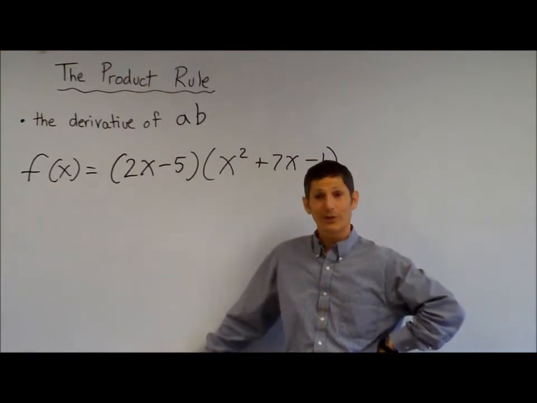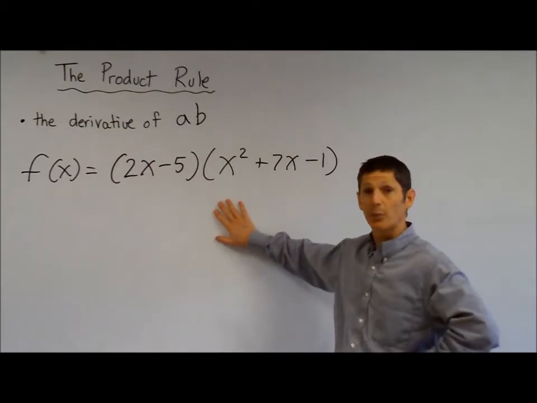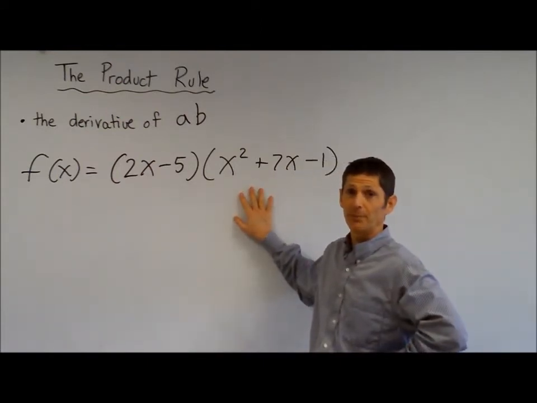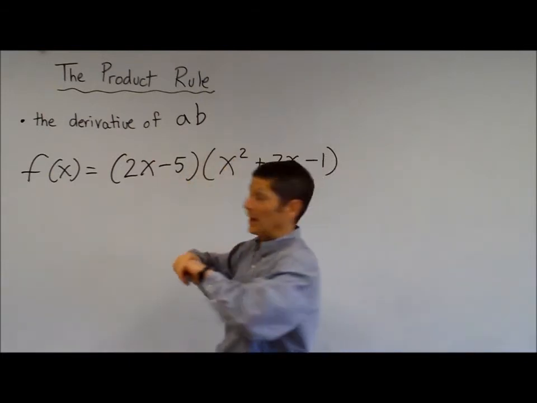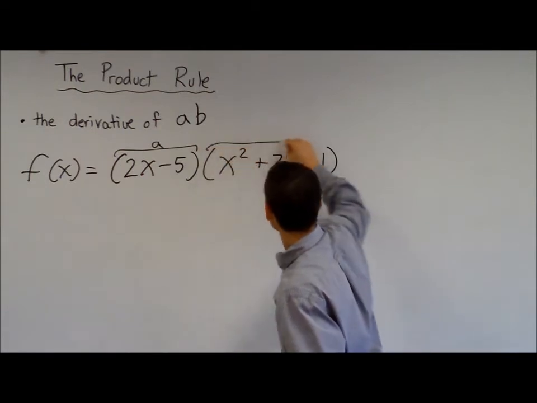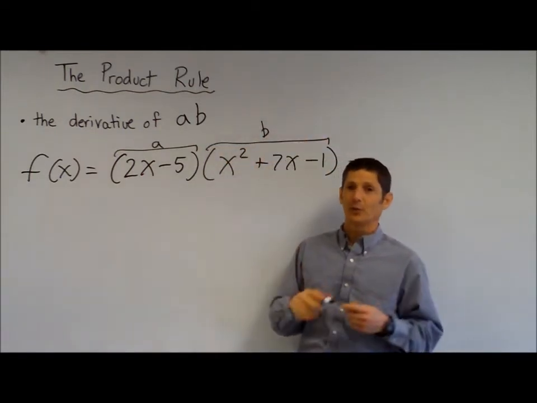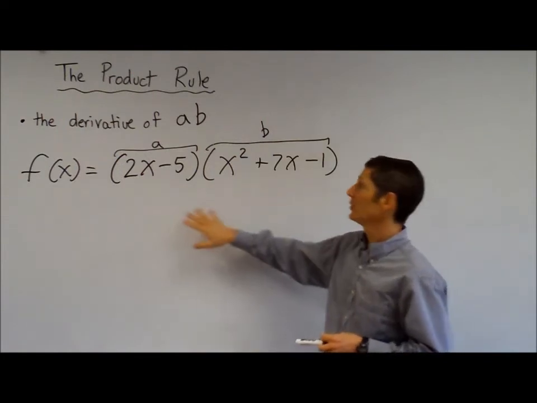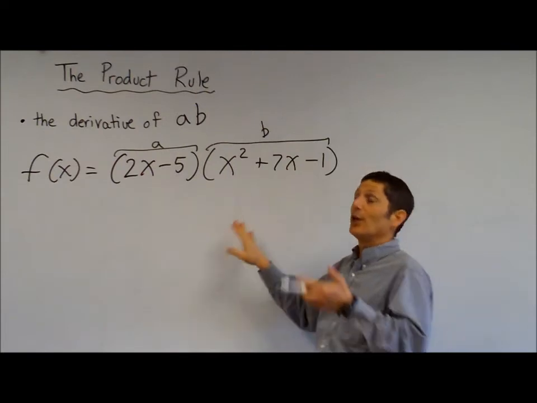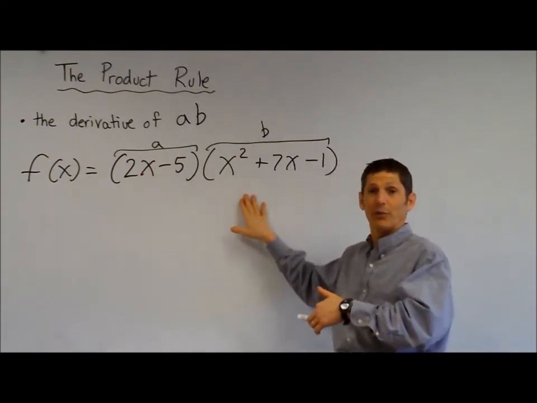I'm going to do one more of these examples, if that's all right with you, Ms. Stewart. So here I have another product. It's something times something, and I want to find the derivative of it. I'm going to call the first guy A and the second guy B. I know the basic rule: when you take the derivative of a product, it's the derivative of one of the guys times the other guy, plus the first guy, not the derivative, times the derivative of the second guy.